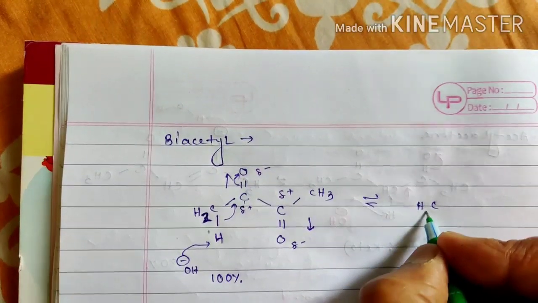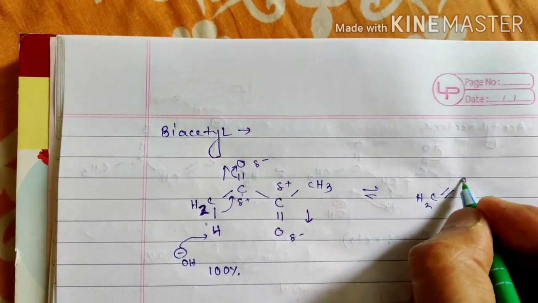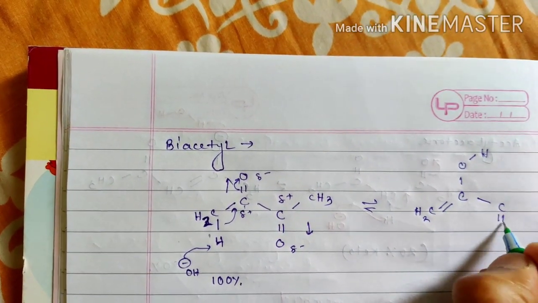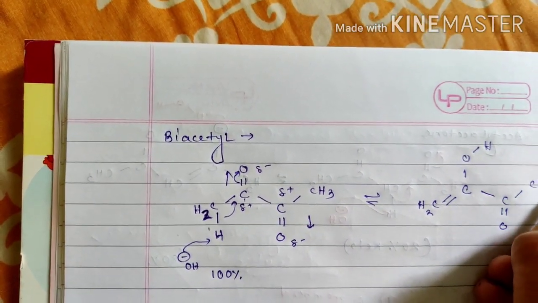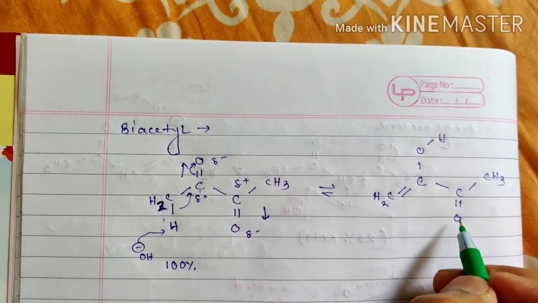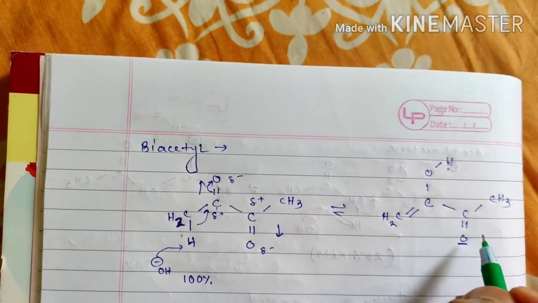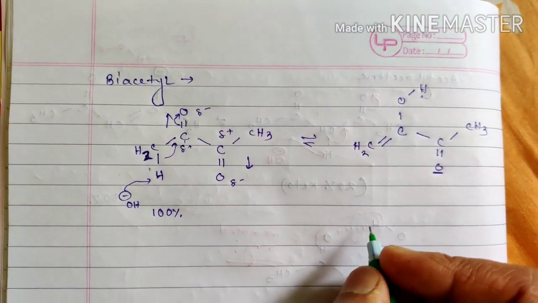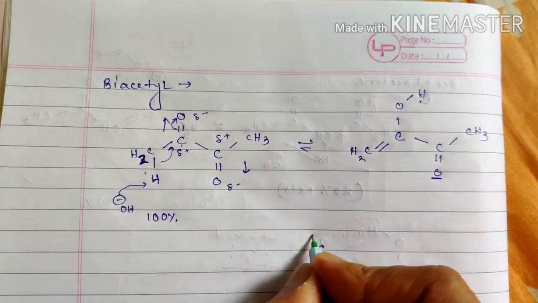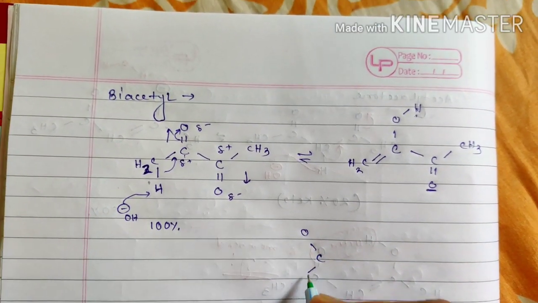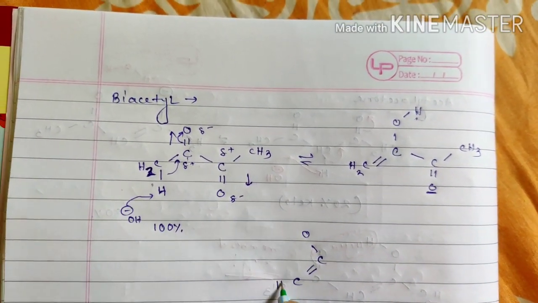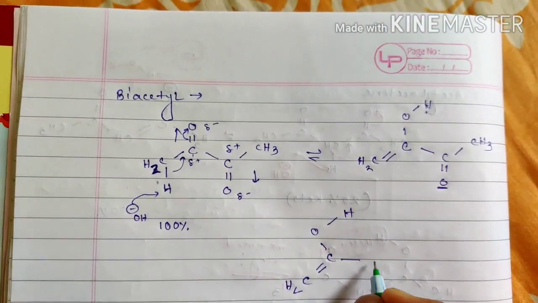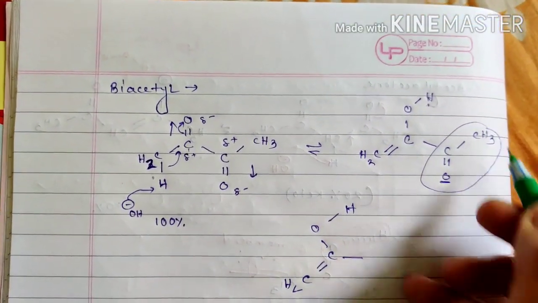it will be like CH2 double bond C OH C double bond O CH3. But you see, this C double bond O and OH are on two opposite sides. So if they want to form the hydrogen bond, there is only one option, that it will be like CH2, OH, and this part rotates.